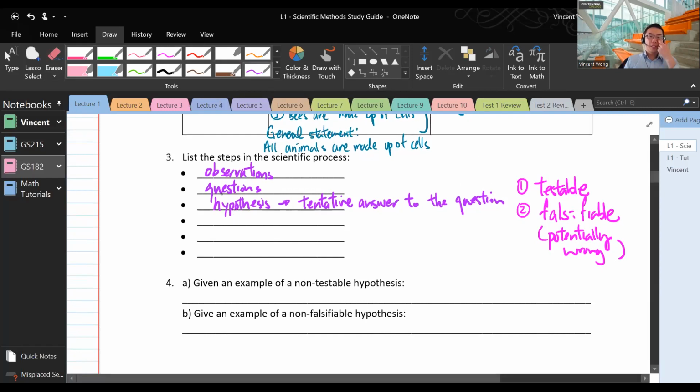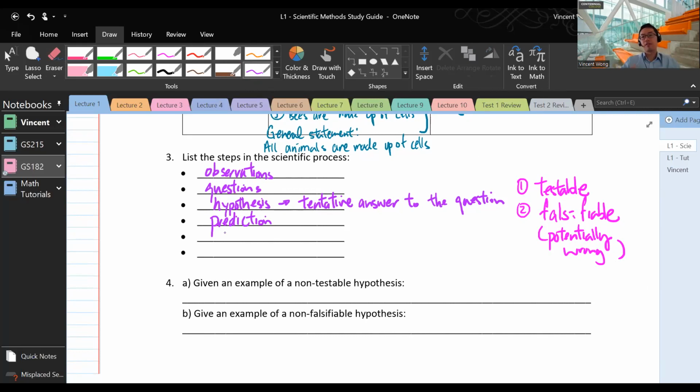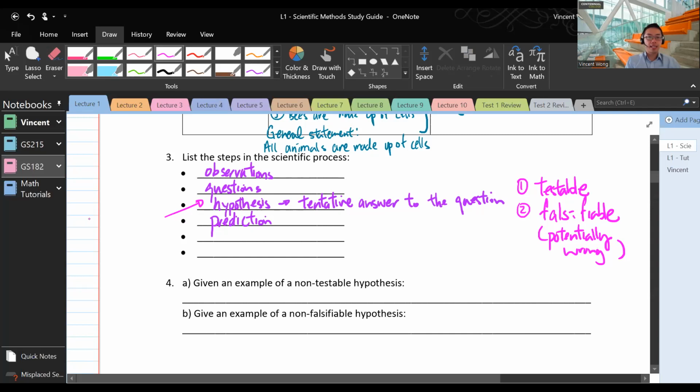After you make the hypothesis, you are going to make a prediction. Okay, if my hypothesis is correct, then I would expect these outcomes. If my hypothesis is not correct, then I would expect that. It's also important to know that the hypothesis is not a question.